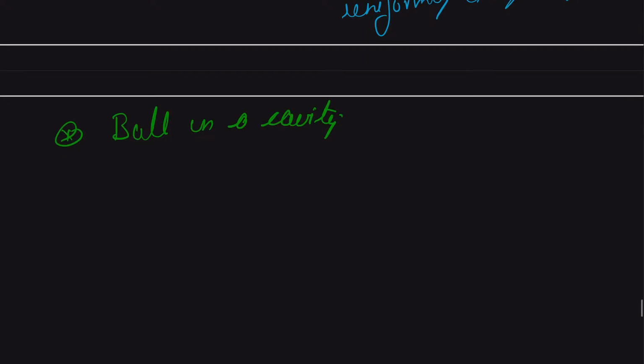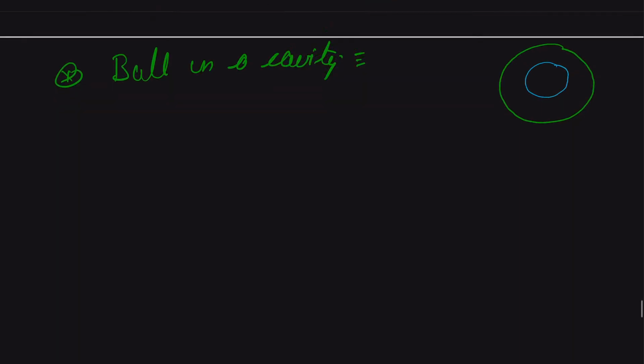Previously there was a sphere and a ball; that was part A. Now we have a sphere, and in this sphere we created a cavity, and in this cavity we have placed a ball.